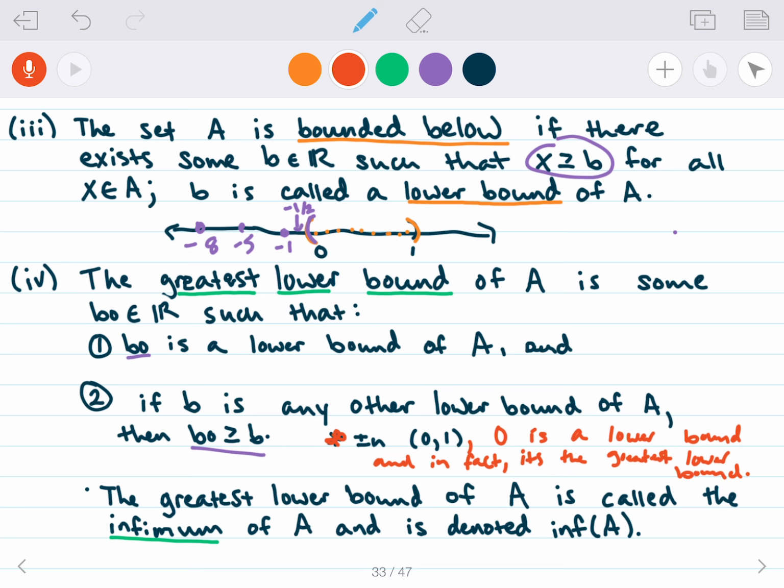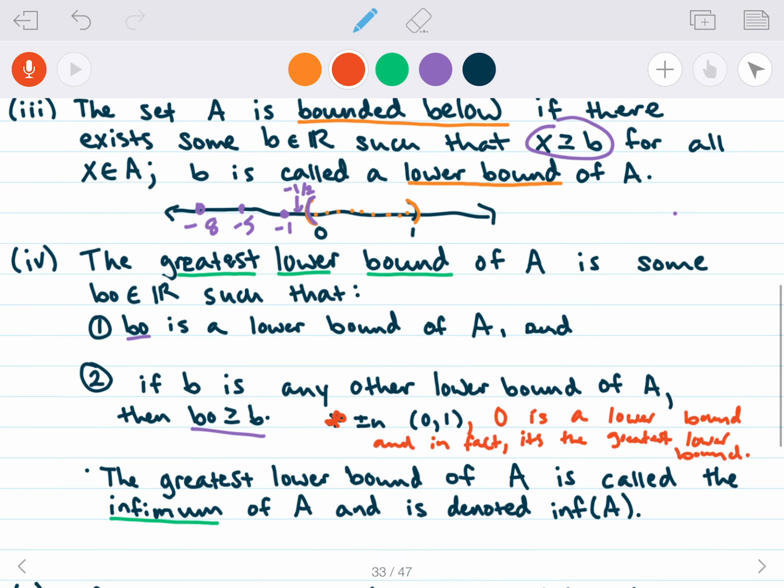Think about that. Really think about that. You know, if I said, oh, well, how about 1 over a trillion? Well, 1 over a trillion and 1 is smaller than that. So 1 over a trillion is not a greatest lower bound. You see where this is going? Okay, so it's kind of an interesting thing to think about, right?